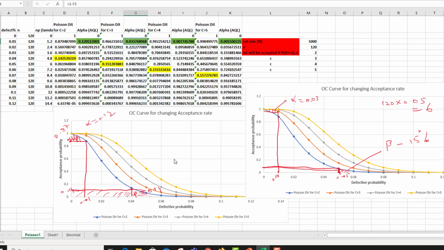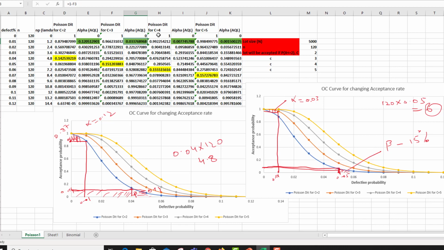Normally in the earlier scenario, it was 120 times 0.04, which was 4.8. So in that case there were 4.8 defective units, but now the defective units increased to 6. And when you sketch it, the producer risk is decreased while the consumer risk is increased.